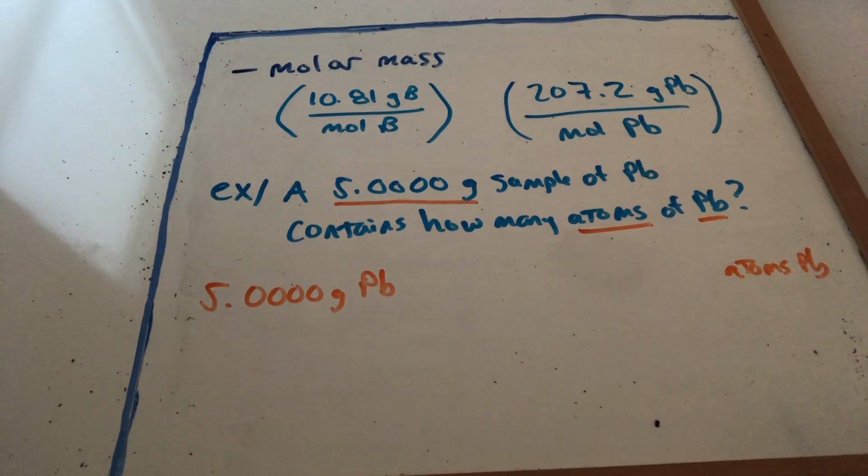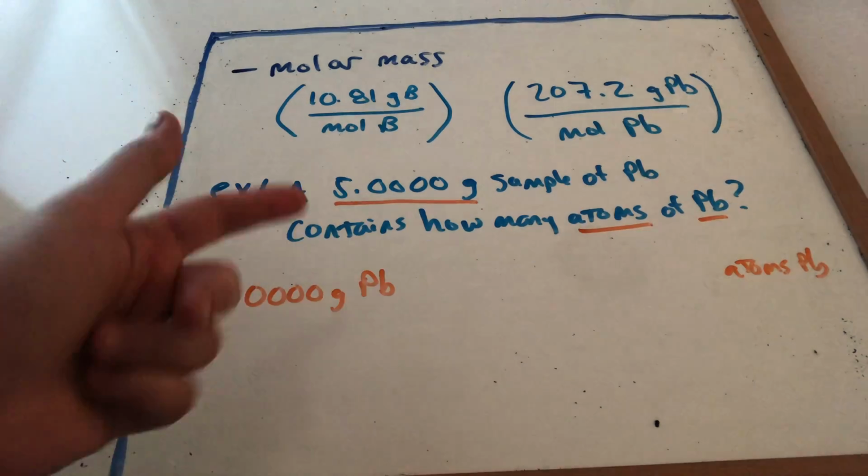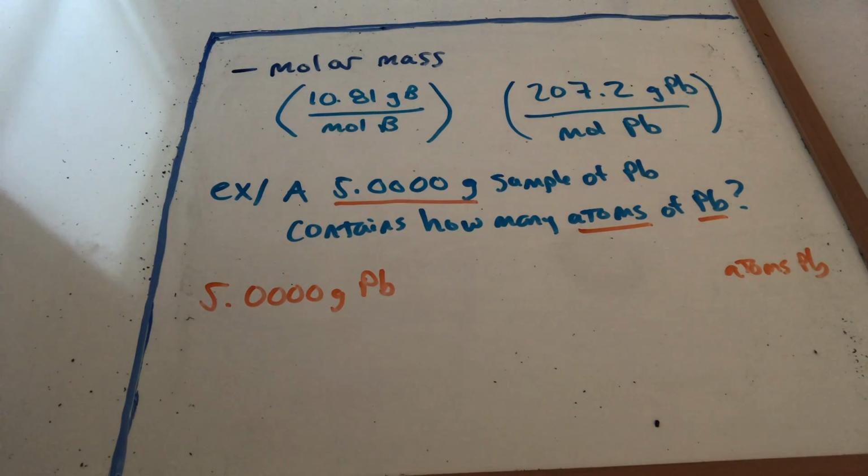Now, the only way that we can count atoms, because they're so small, is with Avogadro's number. So I know somewhere I'm going to have to use Avogadro's number. So it kind of makes sense. If I can use the molar mass of lead to get moles, then I can make moles into atoms via Avogadro's number, and then I've essentially finished this problem, okay?